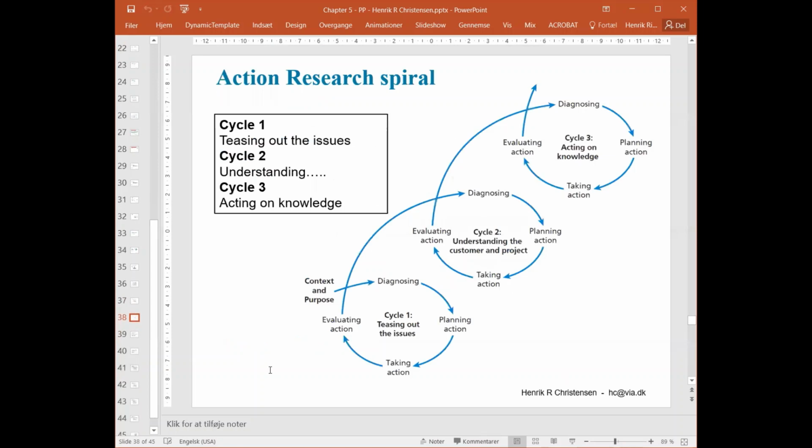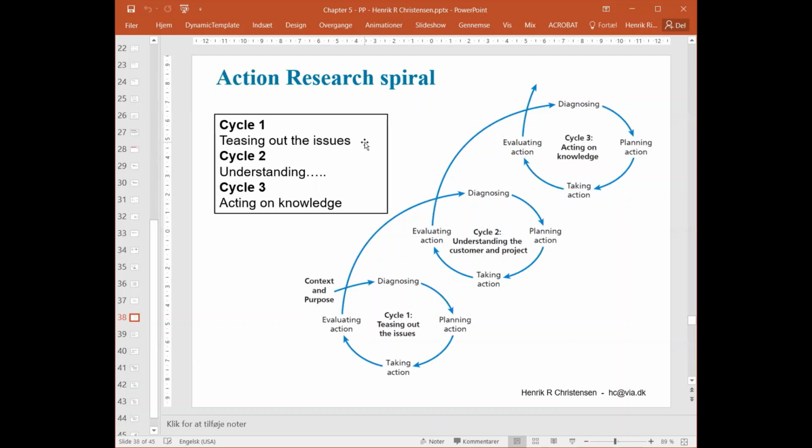Then another strategy is action research. Now, I try to illustrate it as simply as possible, because in the book it might become a little bit complicated, but it is basically these three cycles here.